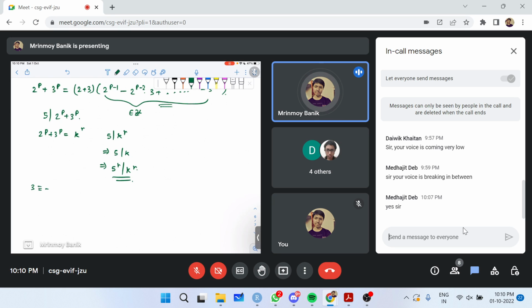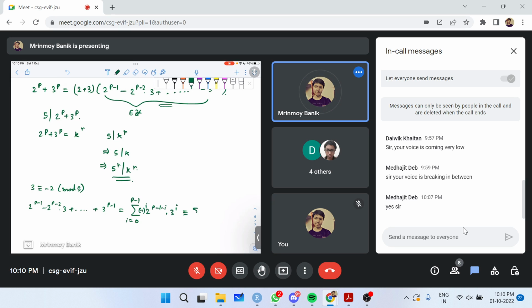You see 3 is congruent to -2 mod 5. So we can write the second factor as 2^(p-1) - 2^(p-2) times 3 + ... up till 3^(p-1). And this is equal to the sum over (-1)^i times 2^(p-1-i) times 3^i, where i runs from 0 to p-1.